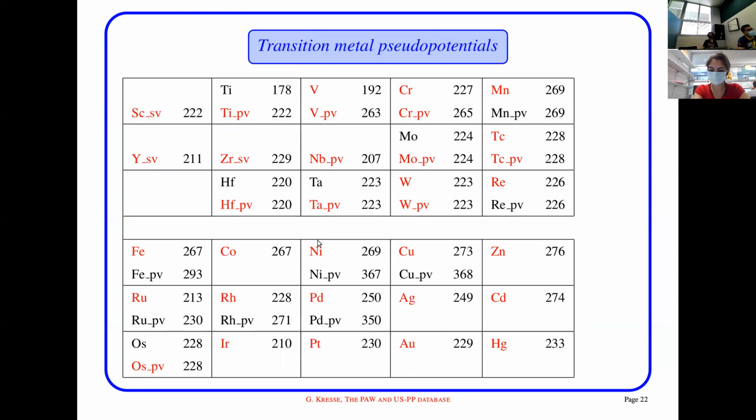Okay, and you see that for the transition metals, the ones that you will probably use, the most common ones are the standard ones. So copper, nickel, palladium, platinum, iron, nothing strange. Zinc, cadmium, silver, gold, manganese. You see that there are also other pseudo potentials, but you will not use them.